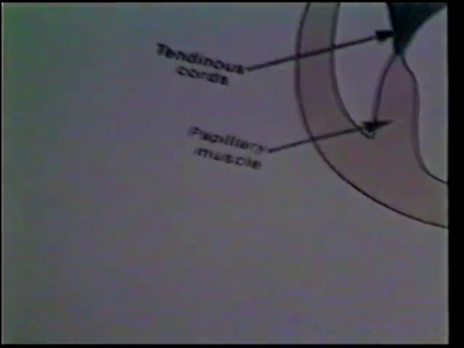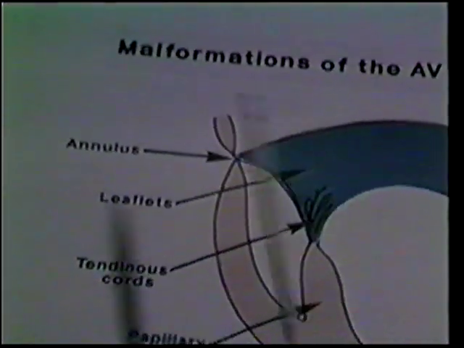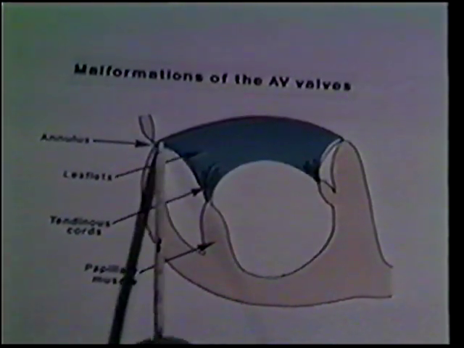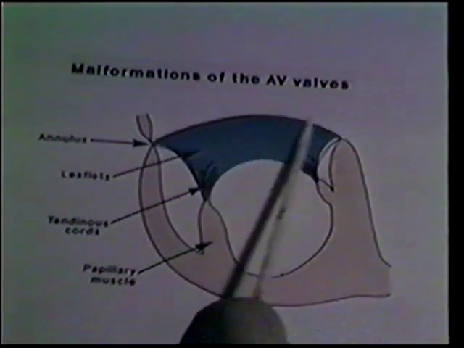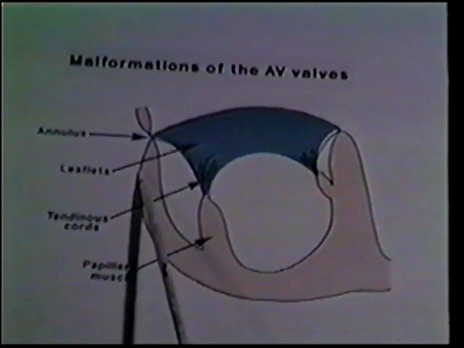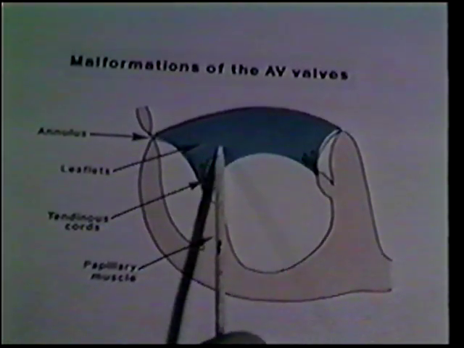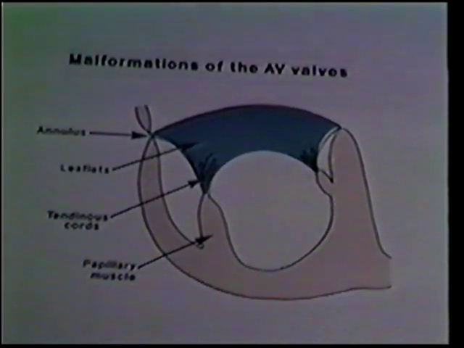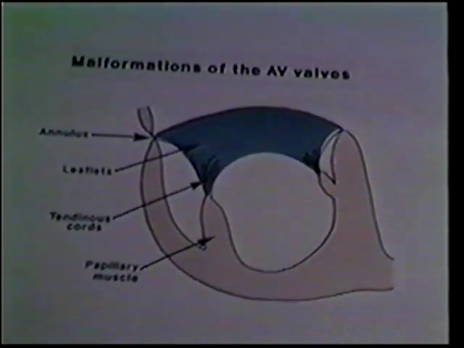Now coming to the various malformations of the atrioventricular valve, they can occur at various sites of the valve, for instance, at the annulus or the hinge point, at the level of the leaflets, or further downstream at the level of the cords, the tendinous cords.